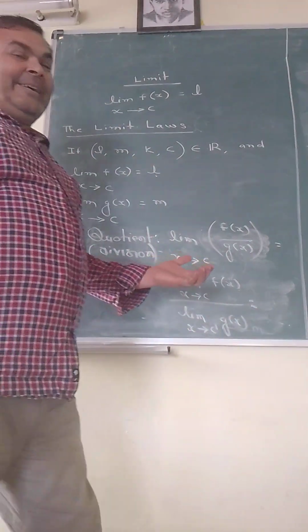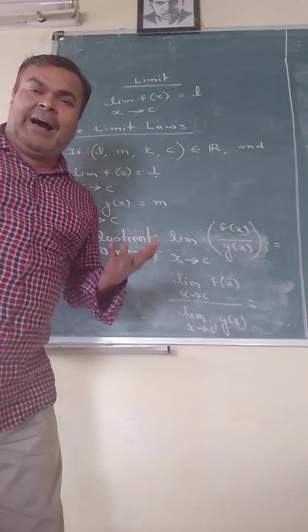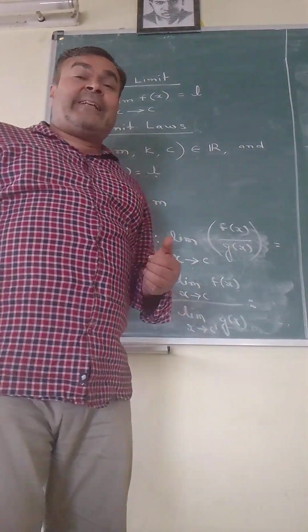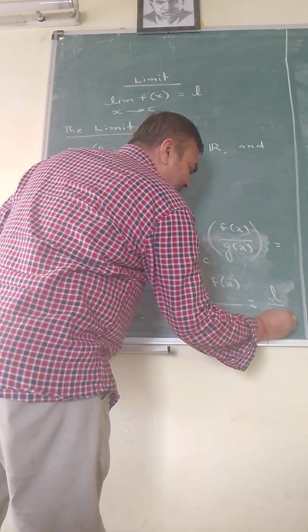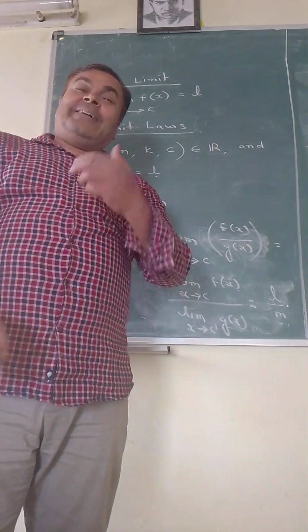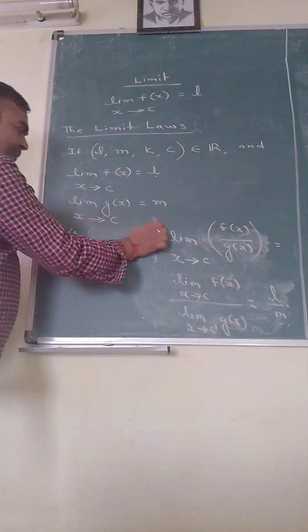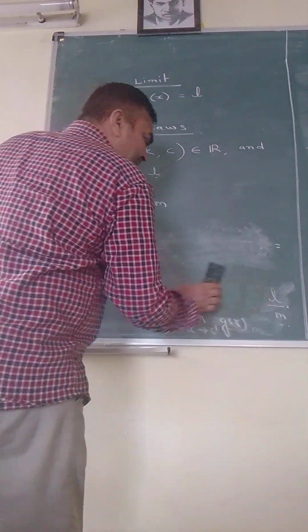Then again an interesting, very distinctly defined result, as this one is L and this one is M. This is simply how we define the quotient law.